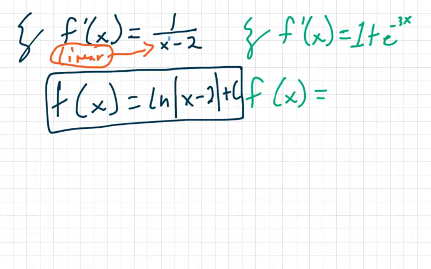We've got a Euler's number, an exponential function. The antiderivative of 1, well, that's like x to the 0. So we'll just say that's x to the 1 divided by 1, plus e to the negative 3x, because we know the derivative of e to 3x is e to 3x.